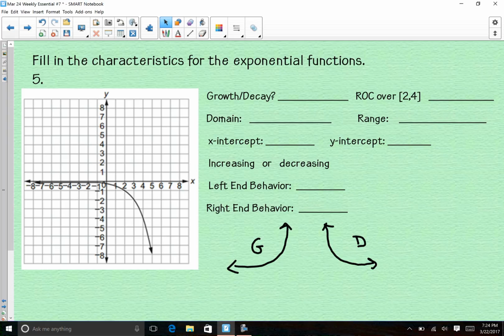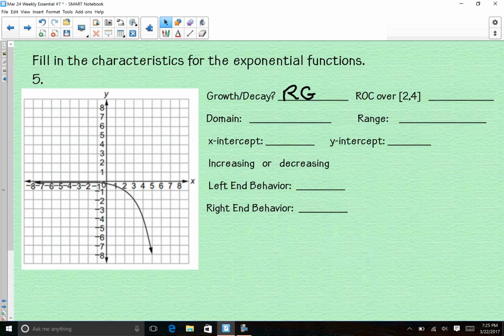In other words, if we were to turn them upside down, that would be a reflected growth. That would be a reflected decay. So if you look at those, this particular graph, problem number 5, is going to be a reflected growth.